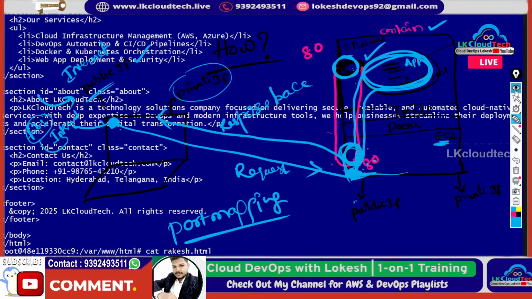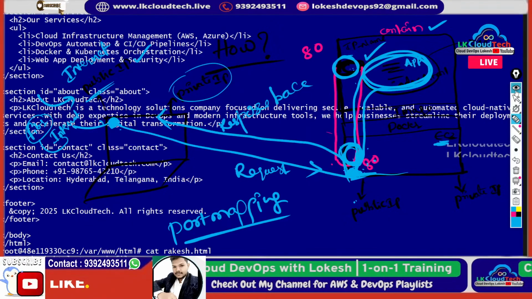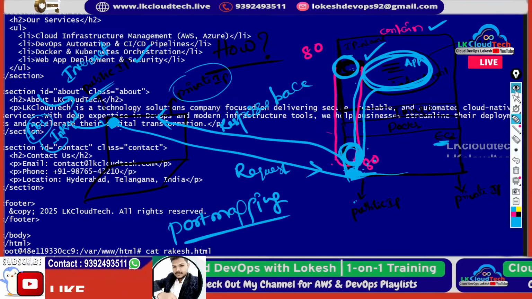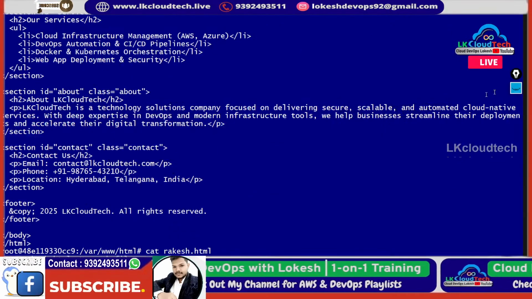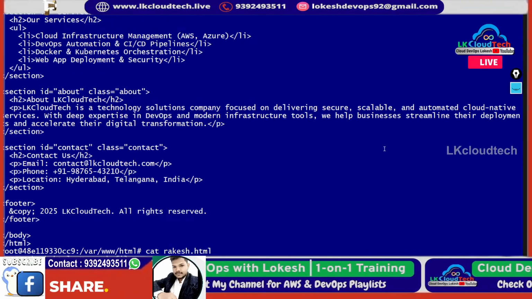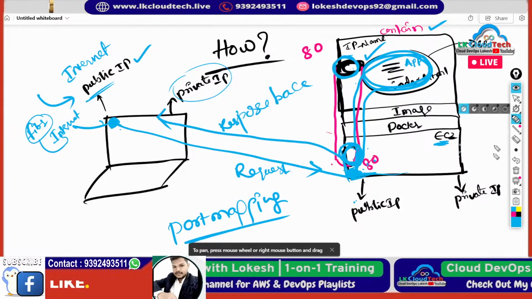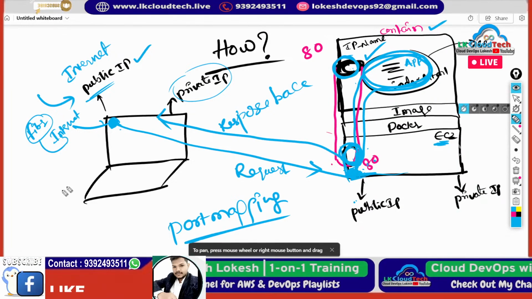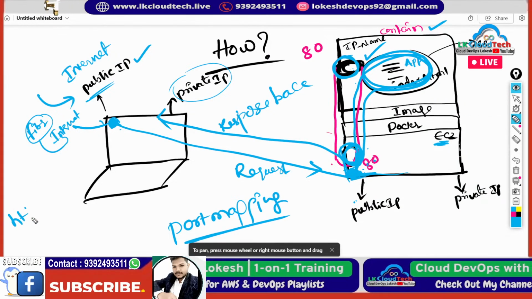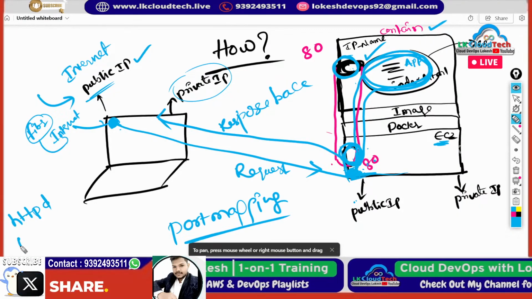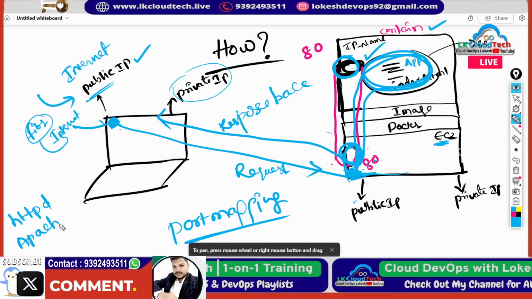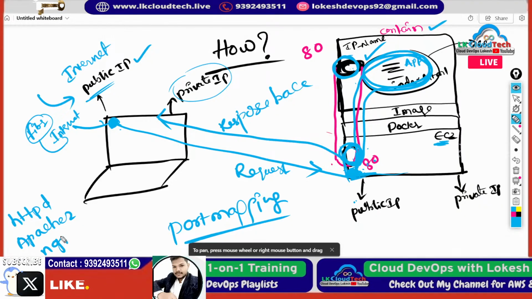Any doubts? Like first, you ran the application using Apache, right? Yeah, exactly. So Apache is a server. We have servers called HTTPD, Apache 2, Nginx.